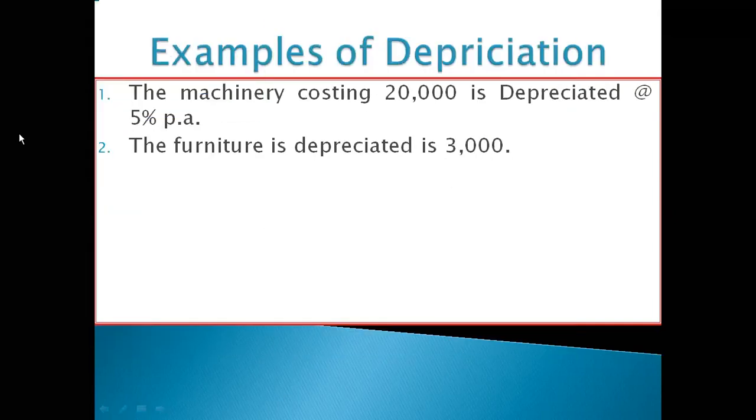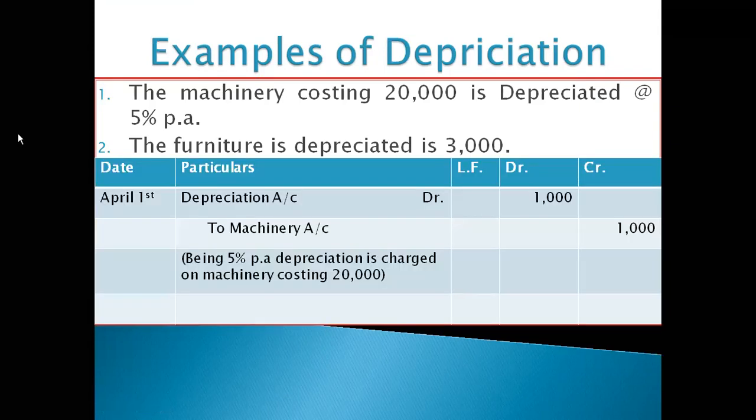So examples of depreciation. The machinery costing 20,000 is depreciated at the rate of 5% per annum. The entry is depreciation account debit to machinery account, and the amount to be debited and credited is 1,000. The narration would be being 5% per annum depreciation is charged on machinery costing rupees 20,000.